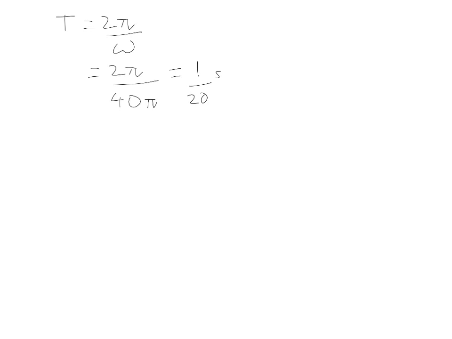If this seems really small, remember that this fan is rotating at 1200 revolutions per minute, or 20 revolutions per second, or in other words, it takes 1/20th of a second to complete one revolution.